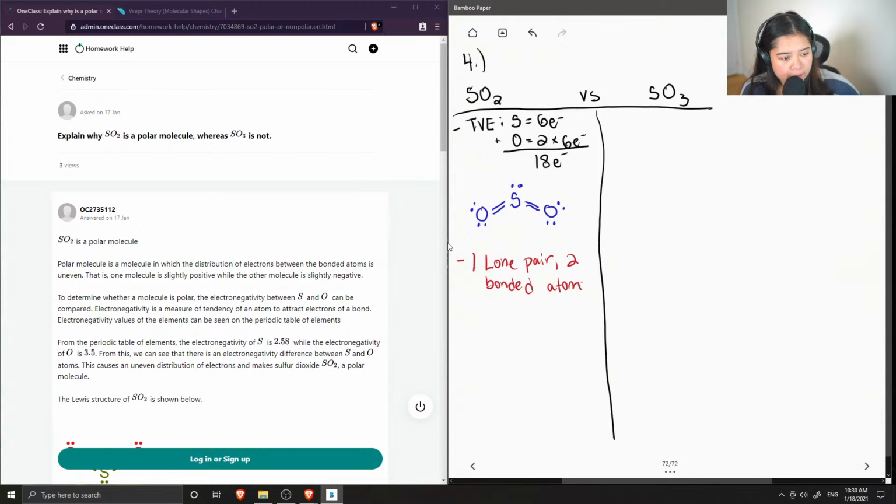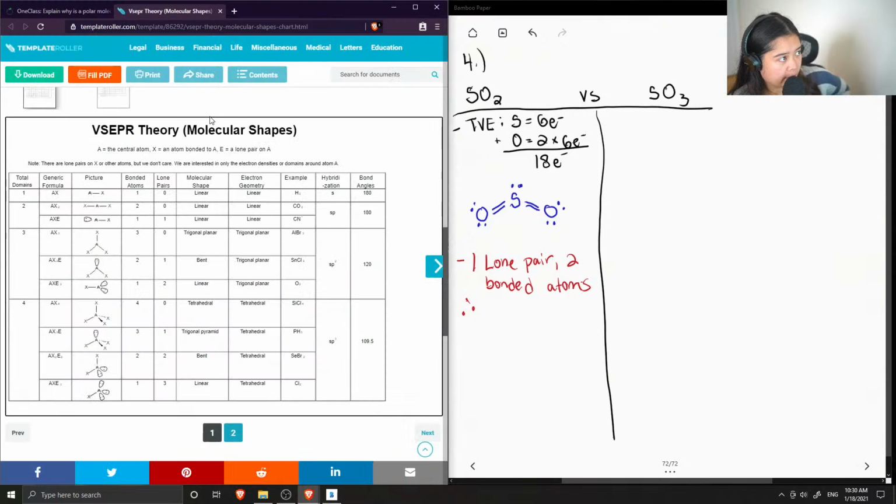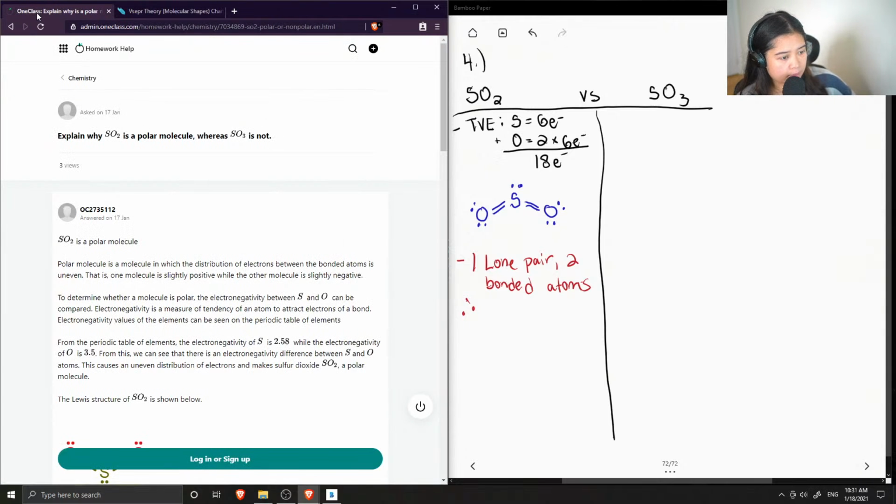If we were to look up the molecular shape of this molecule, we can use the VSEPR table and find out that when you have 1 lone pair and 2 bonded atoms, you have a bent molecular shape. So I'm just going to say bent.